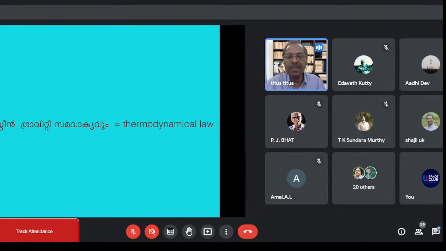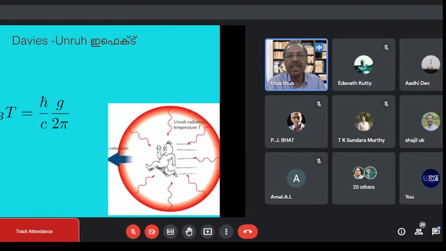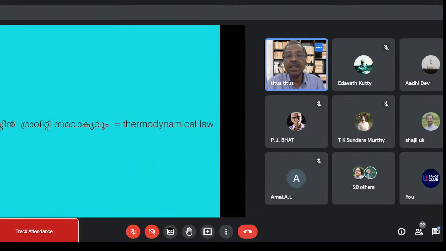This you have to combine with the earlier discovery of Unruh and Davies, that whenever you run with an acceleration, you will feel that space-time is hot. And this one is equally similar to that. When you are running with an acceleration, you are in an accelerating frame. An accelerating frame is actually gravity, and you are saying that space-time is hot.